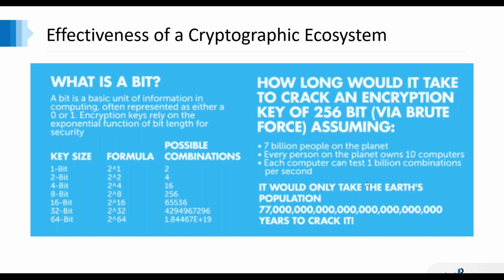So 7 billion people on the planet, and every person on the planet owns 10 computers, assuming, they probably don't, but on average, that might be what it breaks down to. And then each computer can run a test of 1 billion combinations per second. With those numbers, it would actually take 77 septillion years.